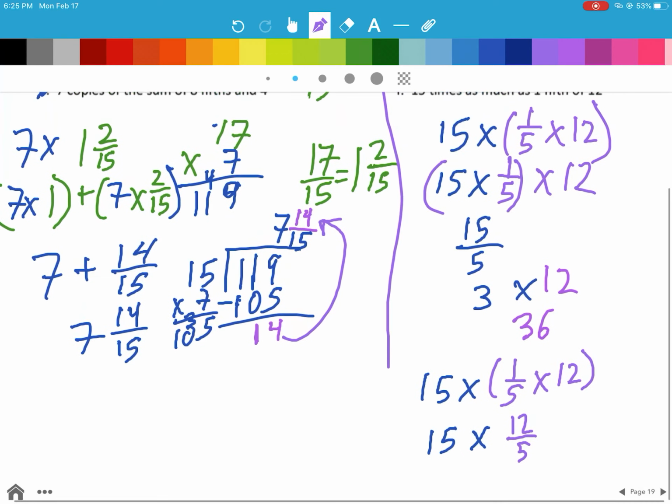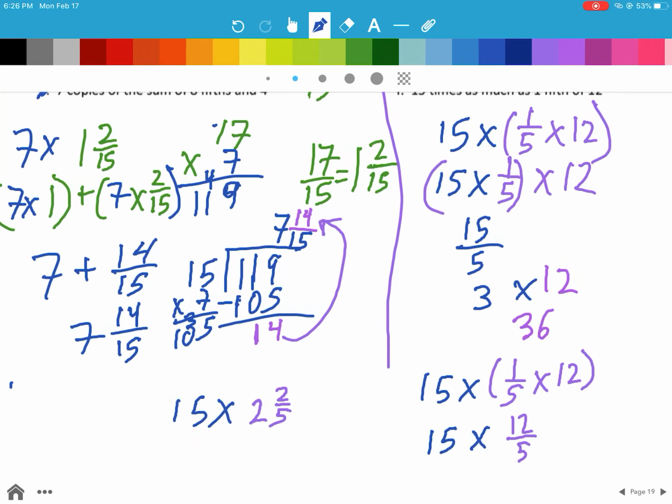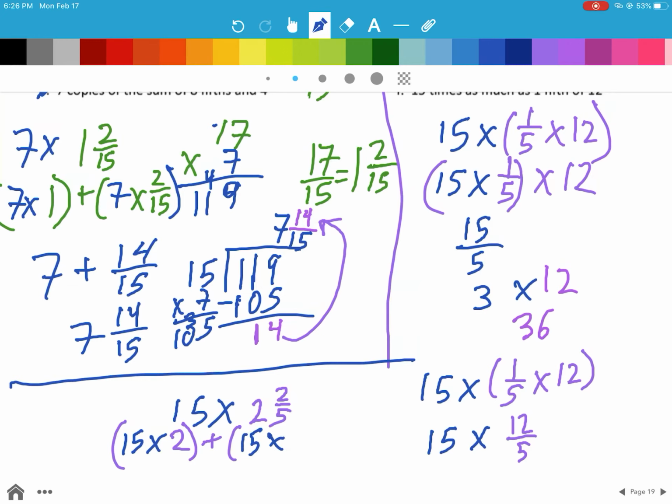Now hopefully you see that 12/5 is the same as 2 2/5, so it's 15 times 2 2/5. Again, I can separate these, so it's going to be 15 times 2 plus 15 times 2/5.